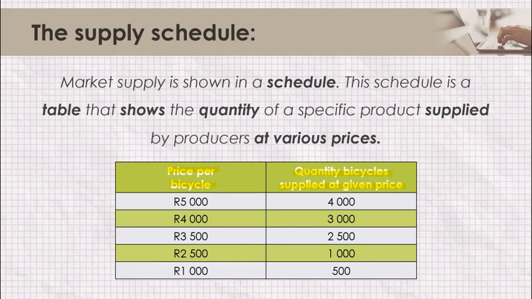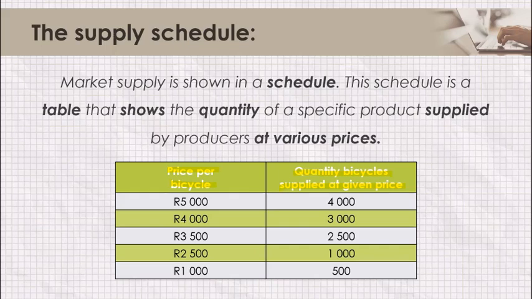If the price is 3,500 Rand, suddenly the price is not that much, so the business might not be willing to supply as many bicycles. They will only be willing to supply 2,500 bicycles. Why? Because then they can use their factors of production for something else. Or at the lowest possible price, 1,000 Rand, the company might only be willing to supply 500 bicycles.